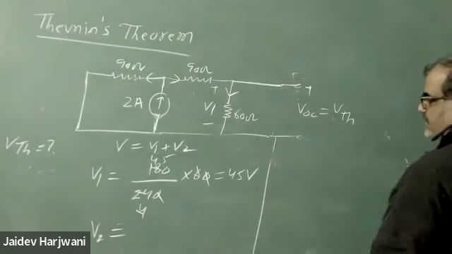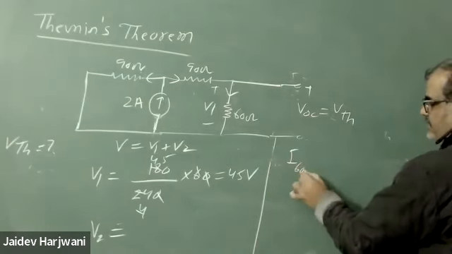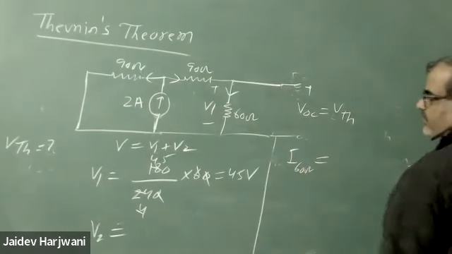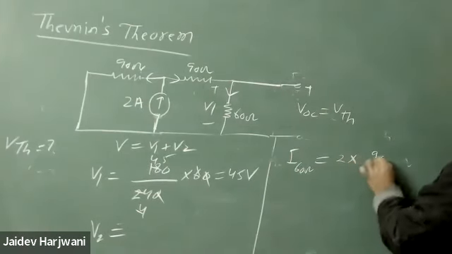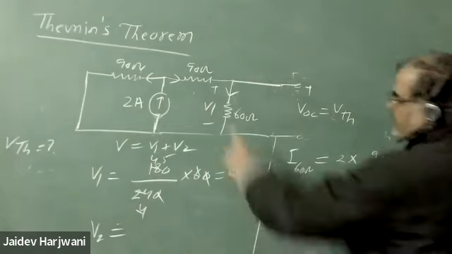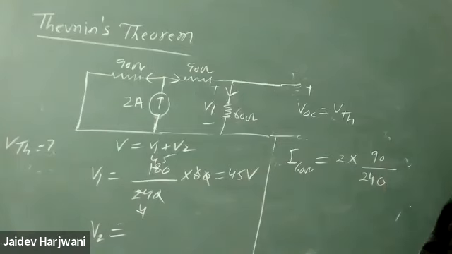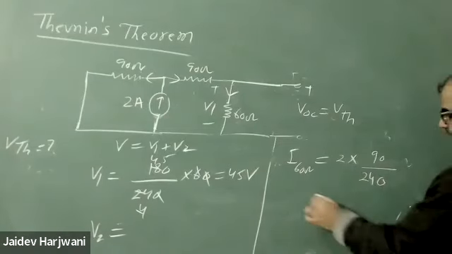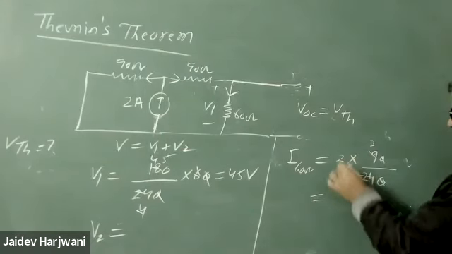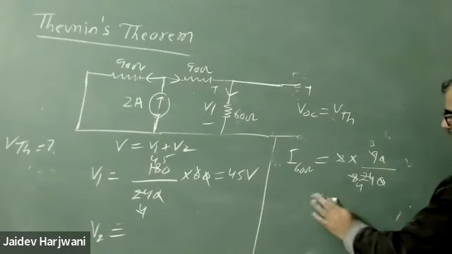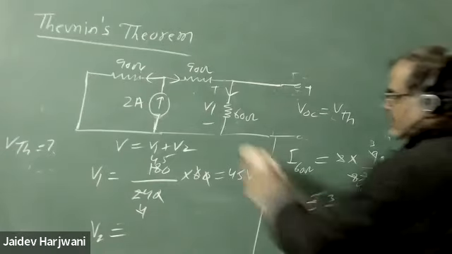Current division says if you want the current in some branch, say the 60 ohm branch, you have to take the opposite resistance, 2 ampere, opposite resistance over total resistance. Total resistance becomes 90 plus 60, 150, and 90, 240. So the current will be 3 by 4 ampere, and if I want the voltage, this voltage will become V2.